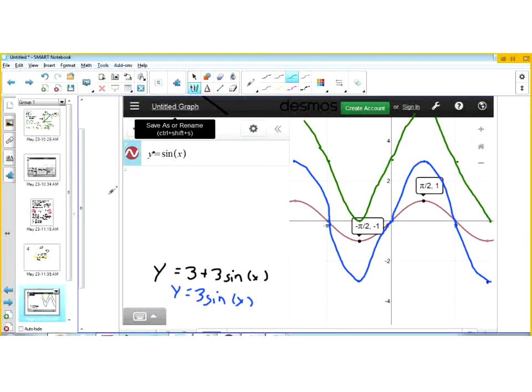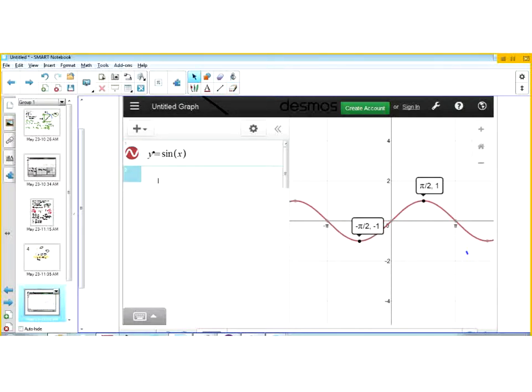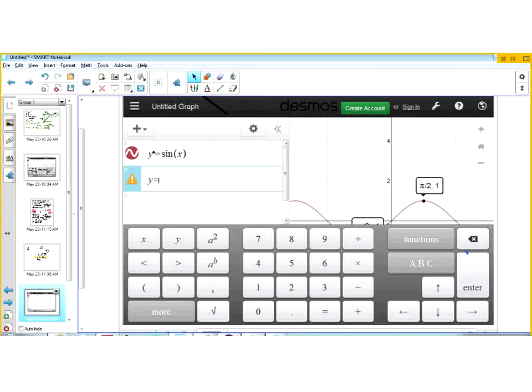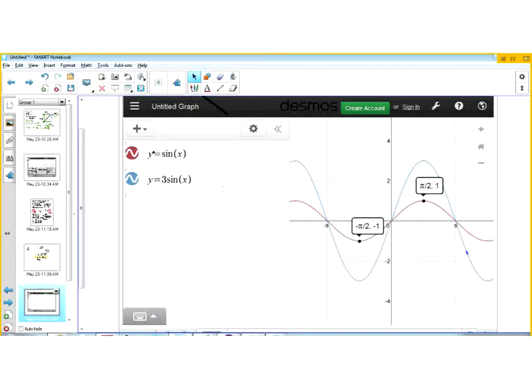So we can check our answer using the computer. So let me erase, because I'm going to change the scales, and the overlay drawings won't look correct. So first we deal with y is equal to 3 sine x. And that's shown in blue. Okay, so there, as promised, there's your vertical stretch.